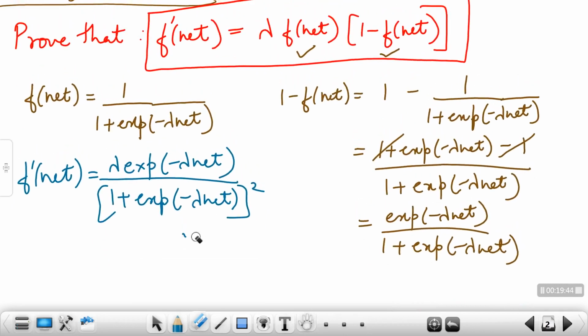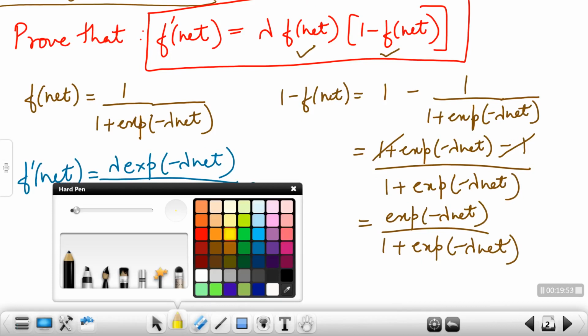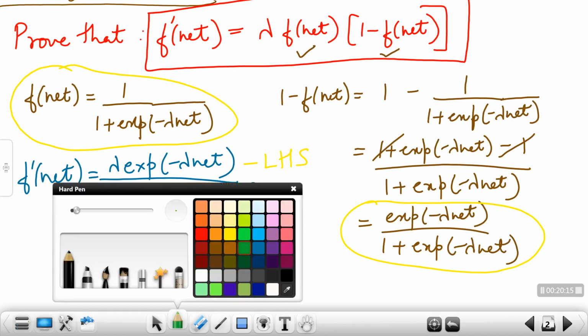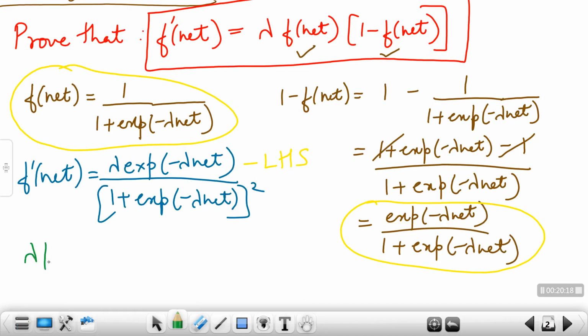So the only thing left now is to equate. If you multiply this term with this term, you will get this into this in the numerator. Say this is your left hand side, and what is your right hand side? The right hand side will be lambda f net into 1 minus f net.